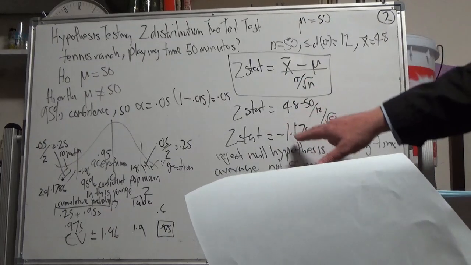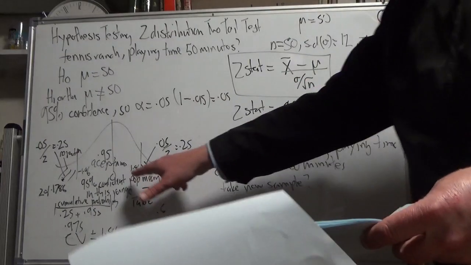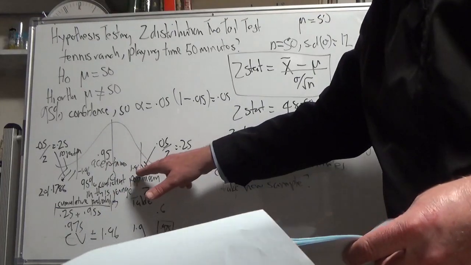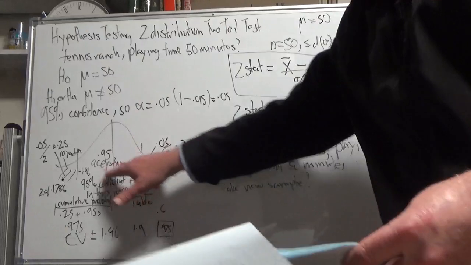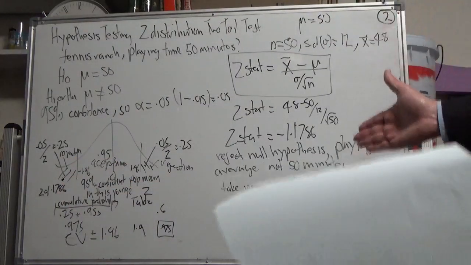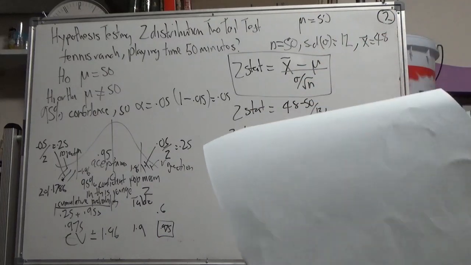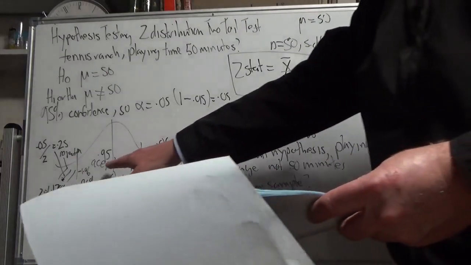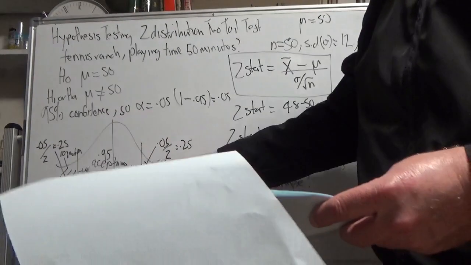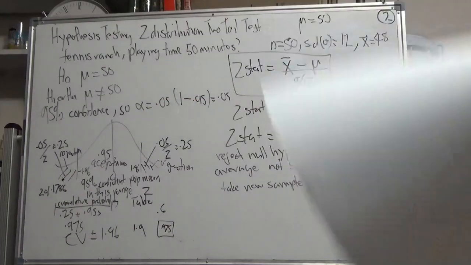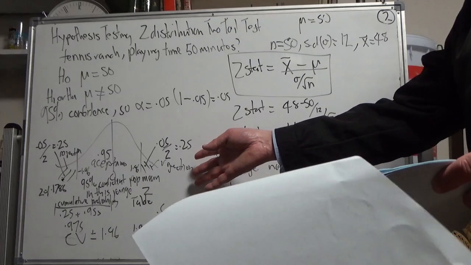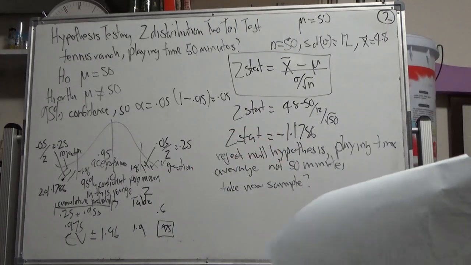Find the Z stat, compare that to the critical values, which range it falls in. Is it higher than that, or is it between that and that value for acceptance, or is it less than that for rejection? So comparing your Z statistic with the critical values, and whether it's in the acceptance region or rejection region, we either accept the null hypothesis or reject it. More often than not, we accept the null hypothesis, but sometimes we reject it in the samples.